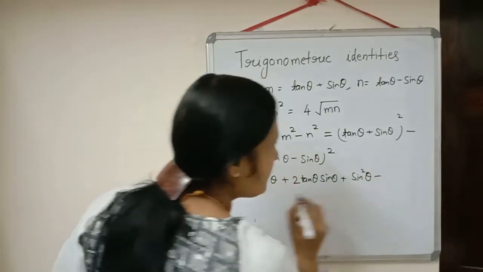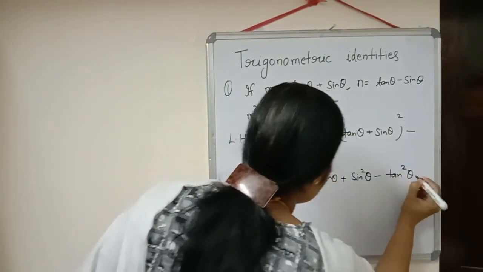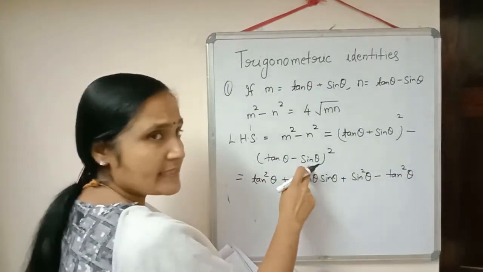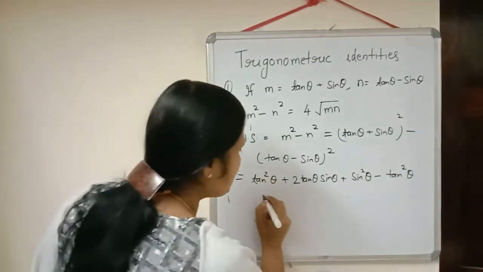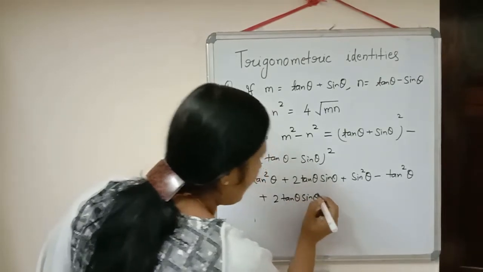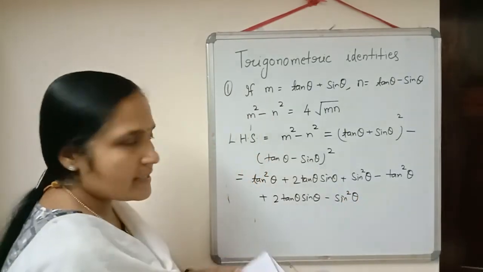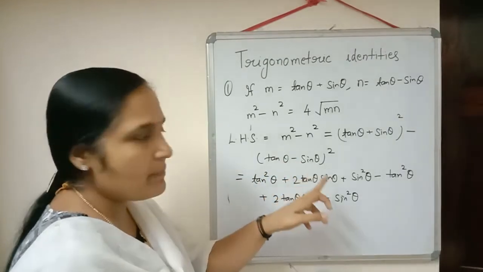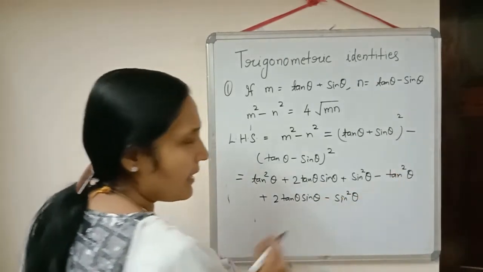So it will be equal to minus tan square theta, then next, according to the identity, minus 2 tan theta sin theta, and that minus sign will get multiplied by this negative sign. So we will get plus 2 tan theta into sin theta. And then last it will come minus sin square theta. Because according to the identity, it is a square minus 2ab plus b square. So the negative term will become positive and the rest all became negative there.